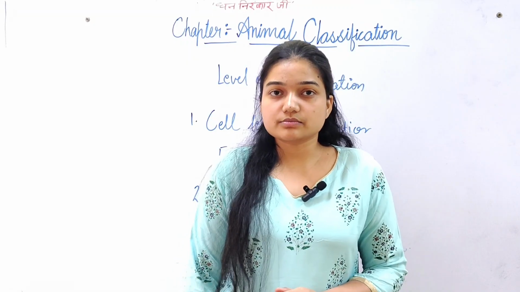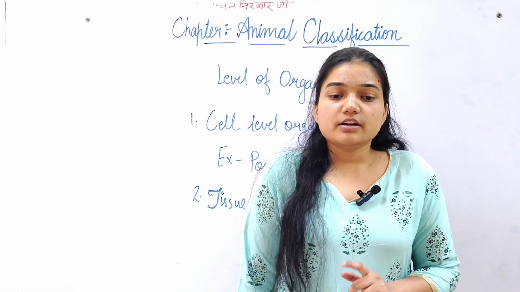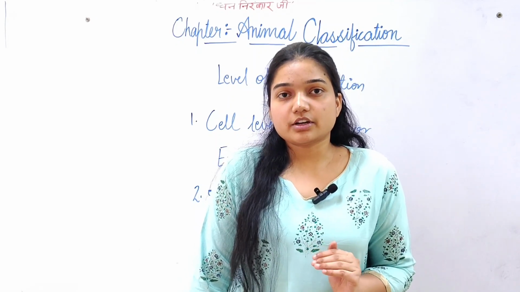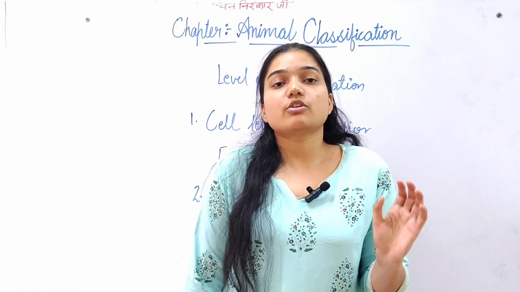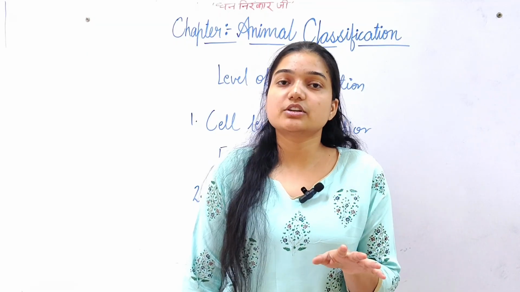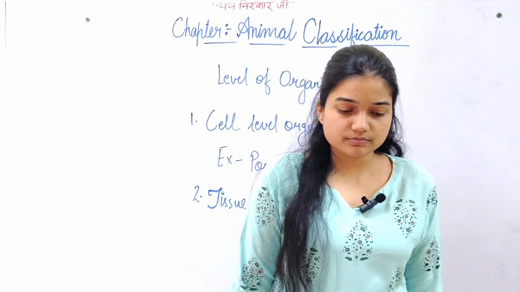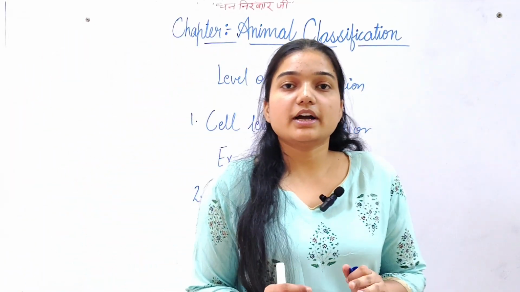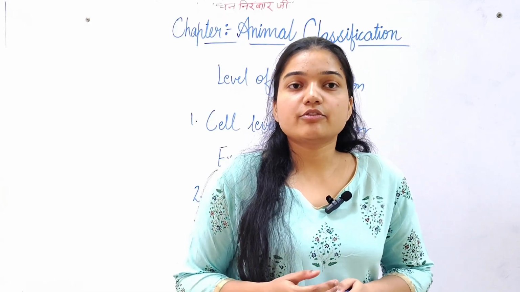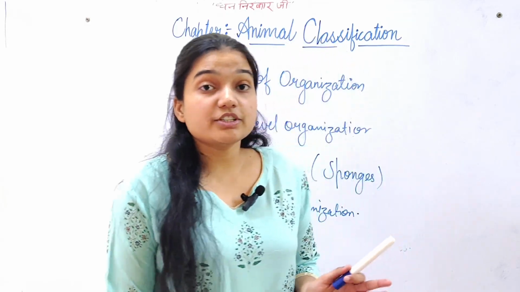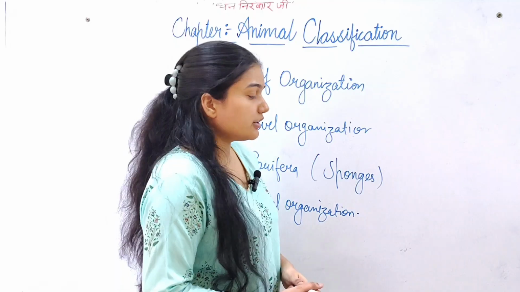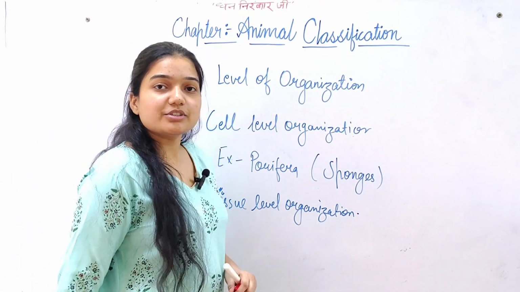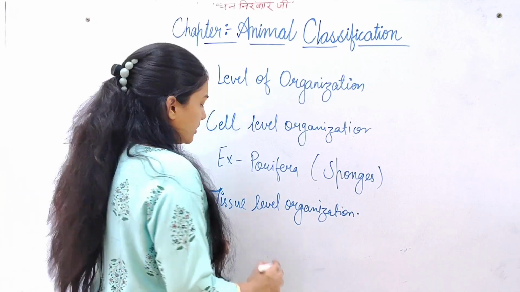Among all the phyla of animal classification, the first is Porifera. After Porifera, the coelenterates or ctenophora come under the tissue level organization.